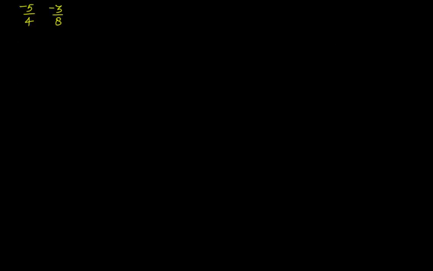So if we follow all those steps and convert these two fractions into like fractions, this becomes minus 10 over 8, right? And this becomes minus 3 over 8. This remains the same because the LCM, as we have seen earlier, is actually 8 of 4 and 8. Now, minus 10 over 8 is an equivalent fraction of minus 5 over 4, and minus 3 over 8.